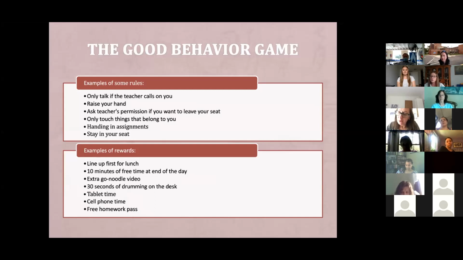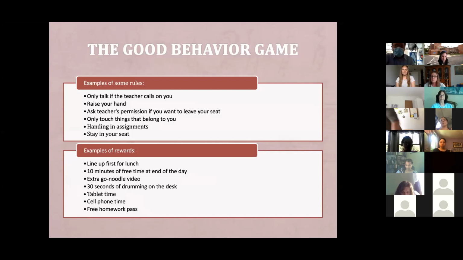And examples of rewards kind of go hand in hand, right? So they're individualized. You're going to do surveys, maybe you'll hand them out to the students to see what it is that they want to work for, or you have a group discussion about it. Maybe you reach out to parents if you have students that aren't really motivated, or you don't know what's motivating enough for them. So you reach out to the parents to try to get that information.